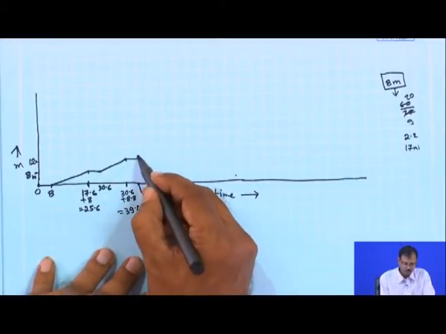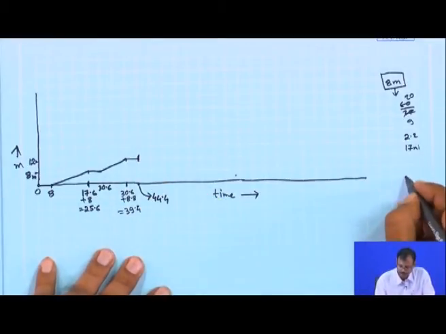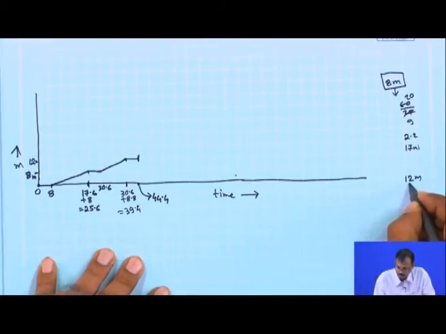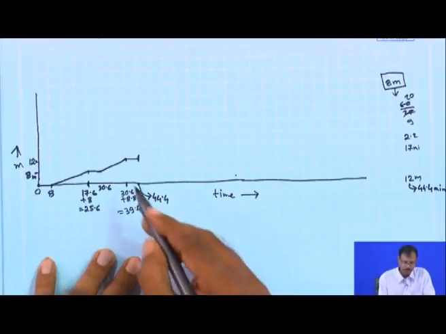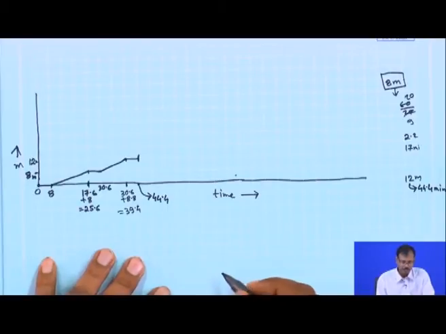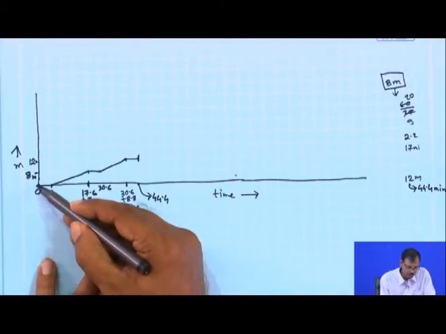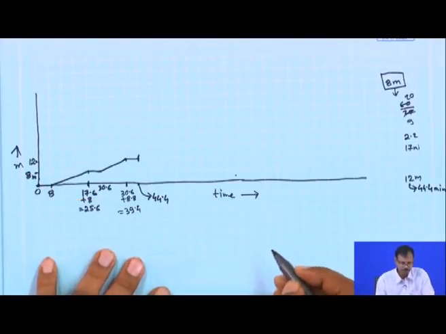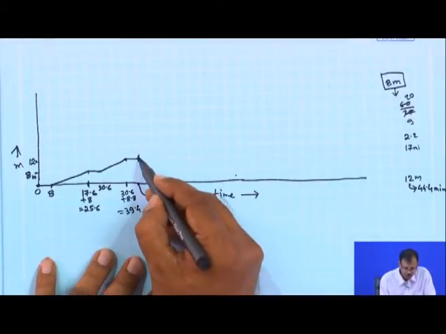So, one hole of 12 meter will complete at 44.4 minute time after starting the drilling from initiation of the setting. So, this is for one hole.